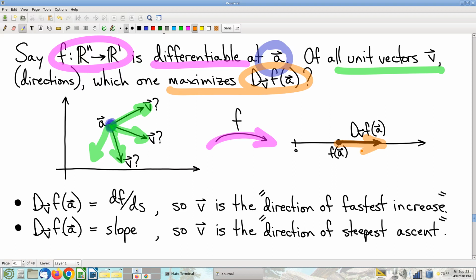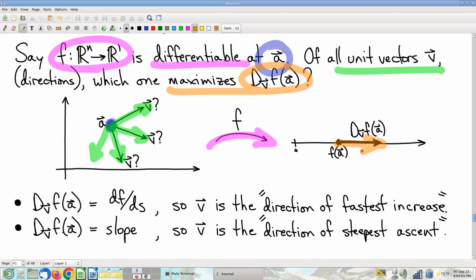So that is a pretty reasonable question. Just for relatability reasons, let's suppose this is where I am in the middle of the woods. And maybe I want to know which direction should I walk to make my temperature increase the fastest. Maybe I'm cold. I want the temperature to increase the fastest, so I want to walk in the direction where df/ds is as big as possible.